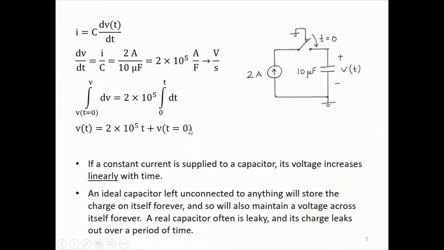But the point I want to make is that when the switch was not connected to the capacitor, there was a voltage, and that voltage could have been there forever.